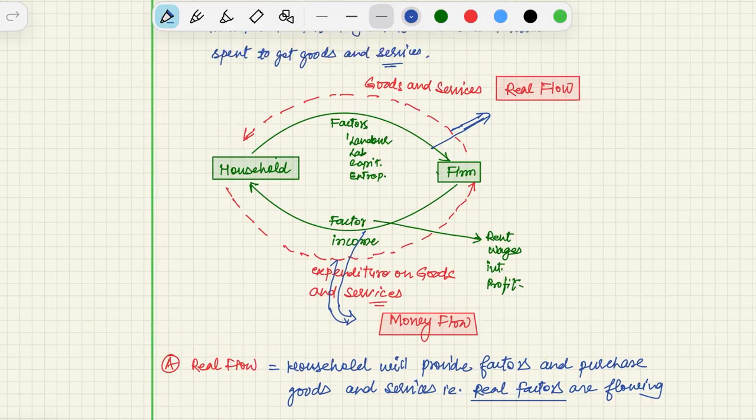So again I'm saying here that household provides factors, that is land, labor.